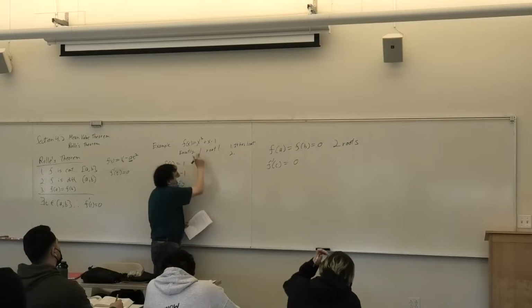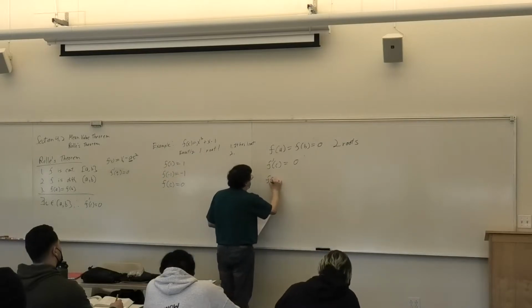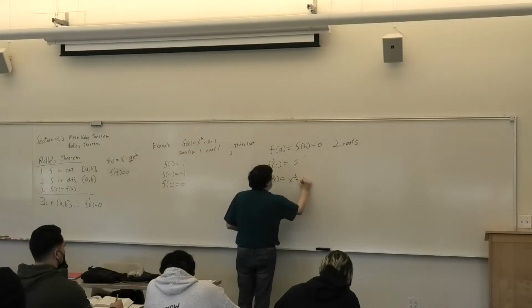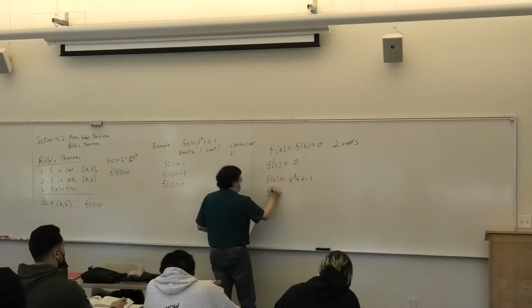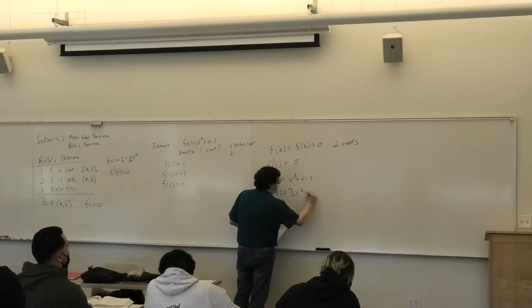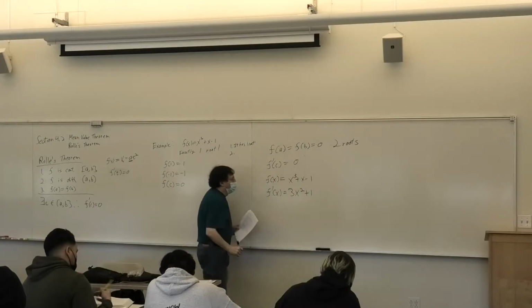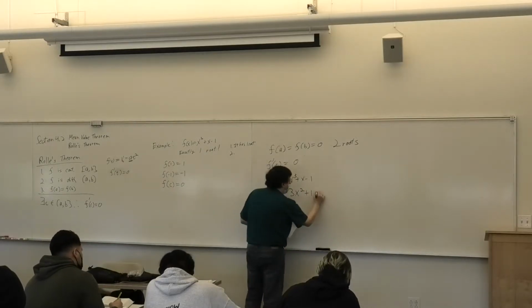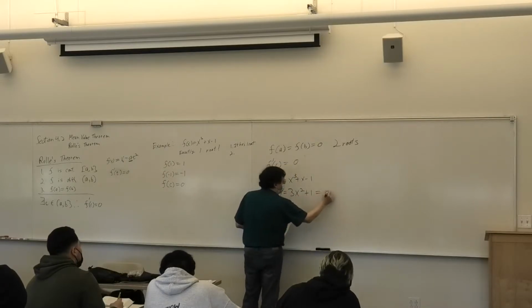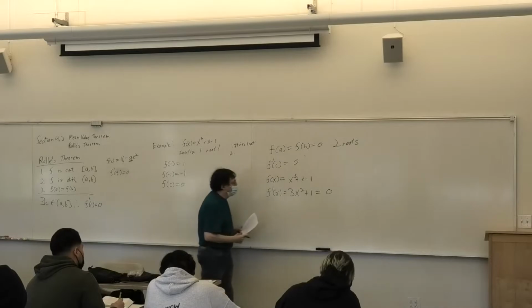So let's take a look. f of x is x cubed plus x minus 1. Well, we know its derivative is, by the power rule, 3x squared plus 1. So by Rolle's theorem, there has to be some value where this equals 0, so let's see if we can find it.